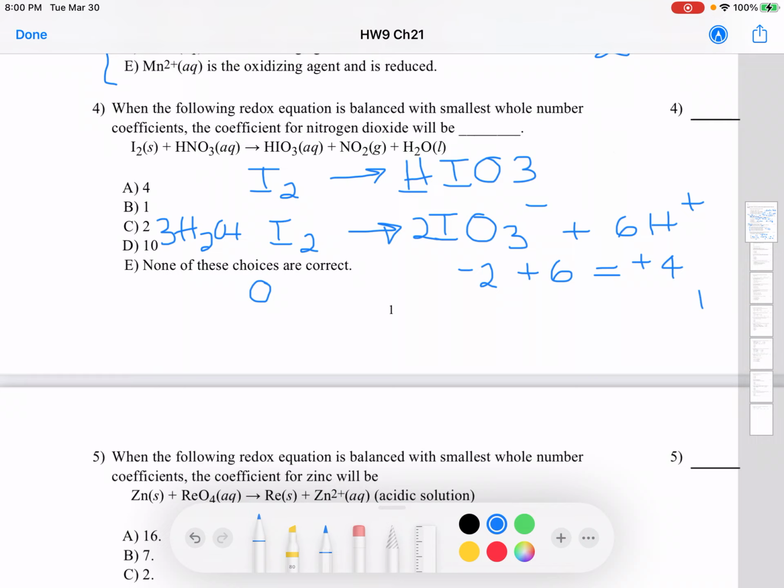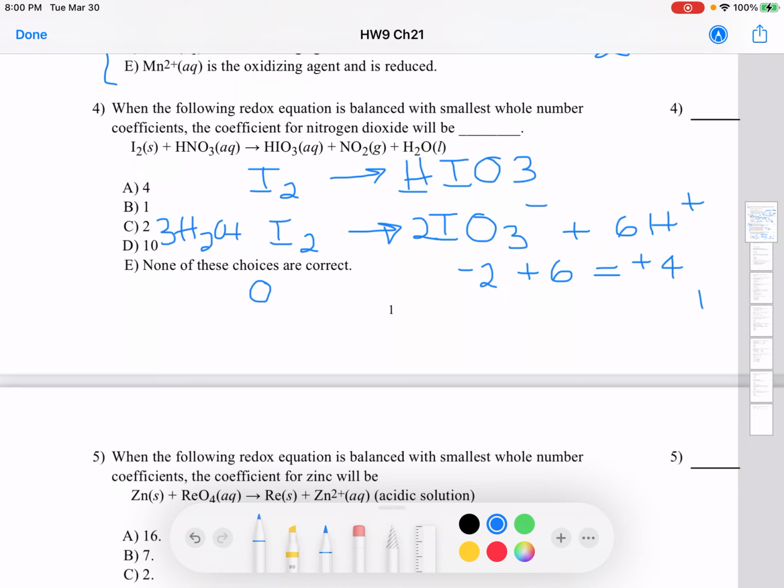So if the number increases, what do we need to do? We need to remove electrons. How many electrons? Going from 0 to plus 4, so it is losing 4 electrons, isn't it? Minus 2.